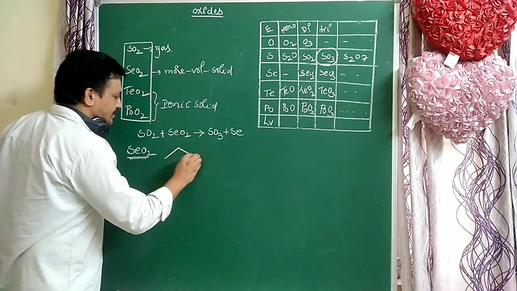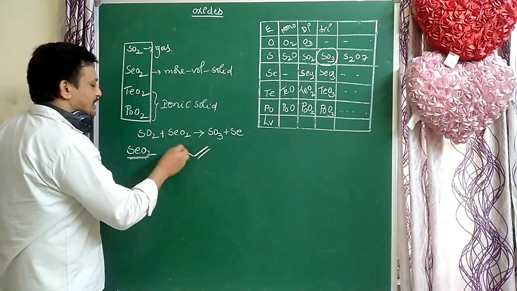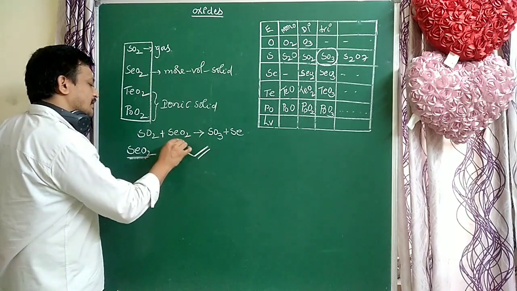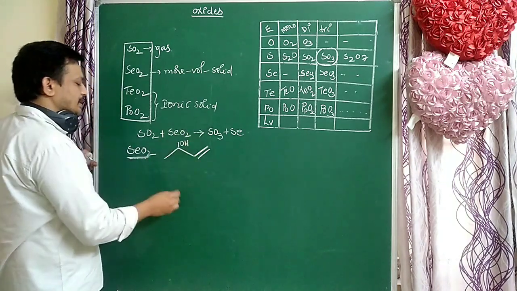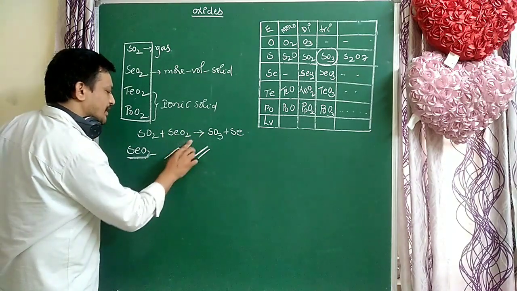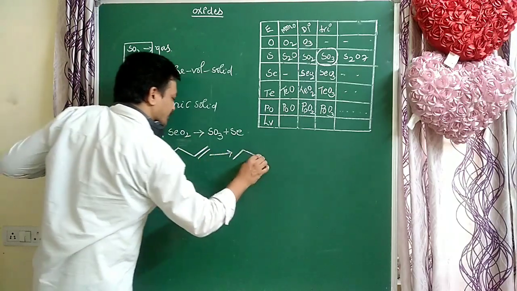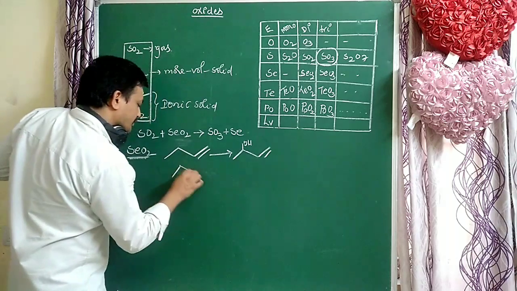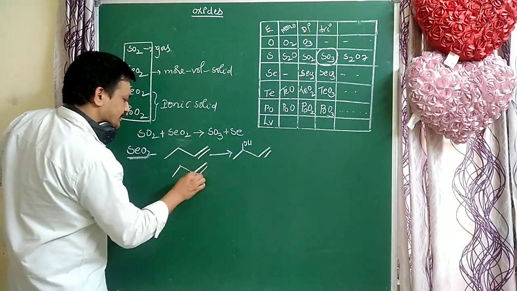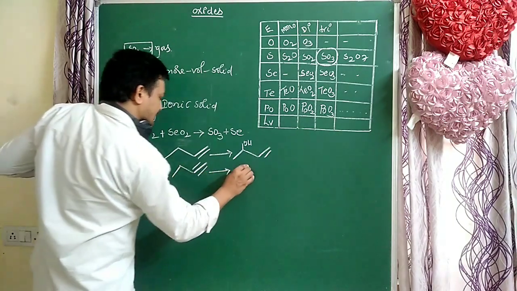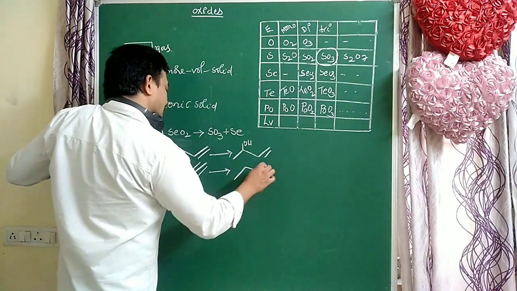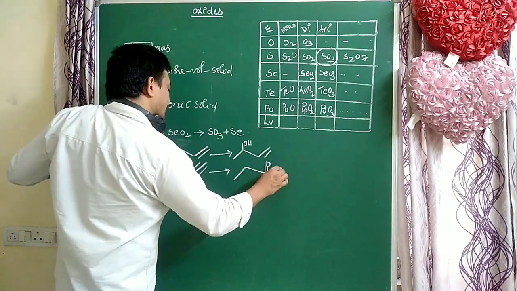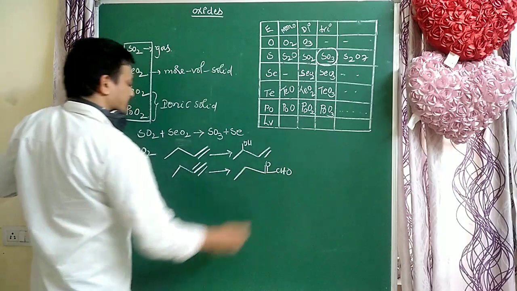It oxidizes the allylic carbon in alkenes, converting it to alcohols, and triple bonded carbon is converted to aldehydes and ketones. Terminal carbon converts to aldehyde, non-terminal carbon converts to ketones.